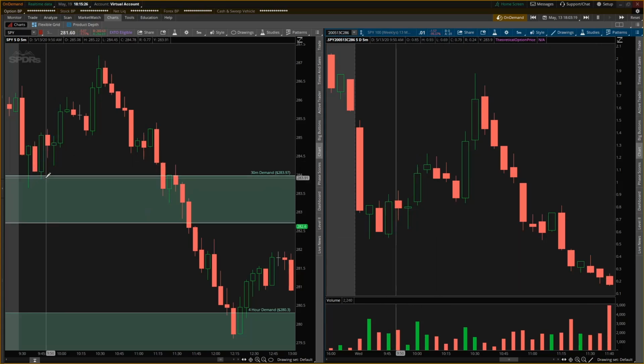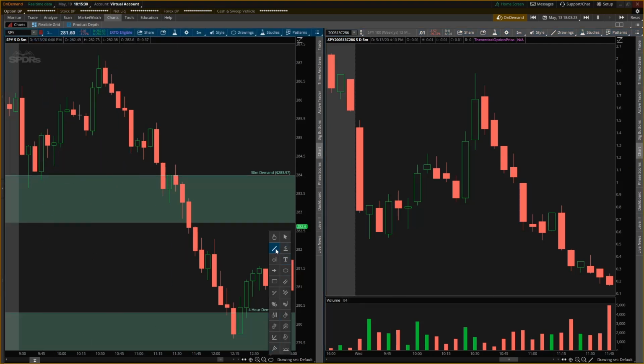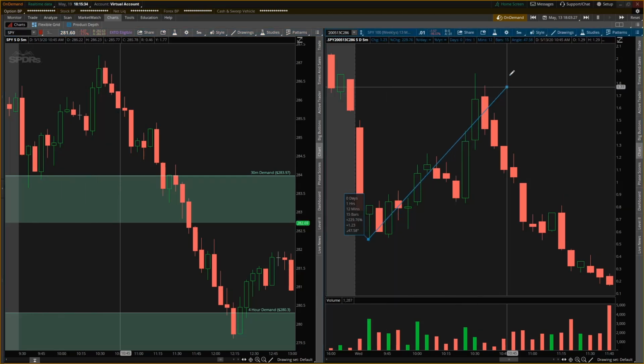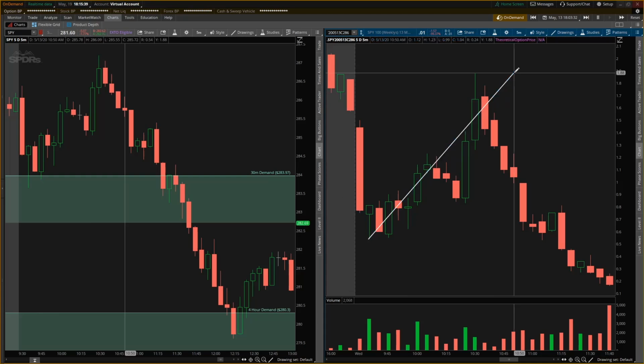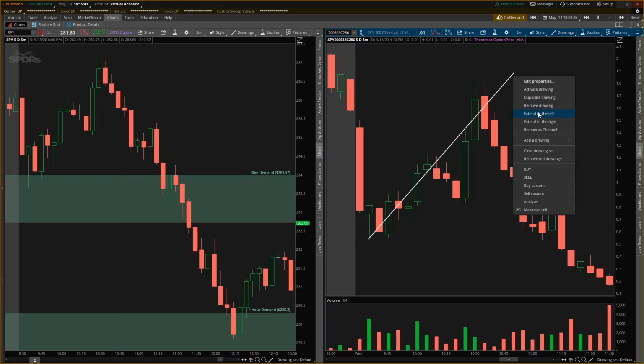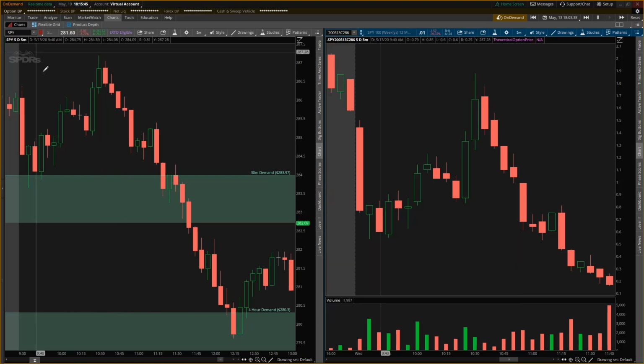So let's say we bought SPY at the demand down here, and in hindsight, sold it at high of day. From a low to a high, this was a 251% return. That's why it's acceptable if you're scalping a trade really fast. It's okay to play 0 days to expiration.